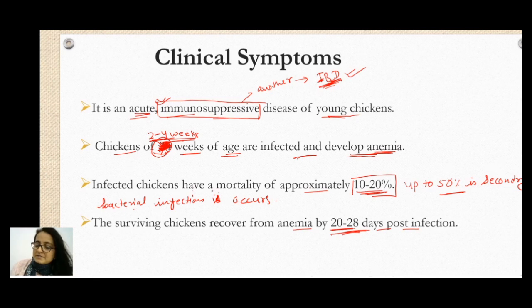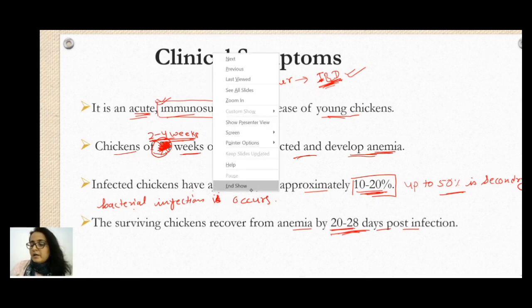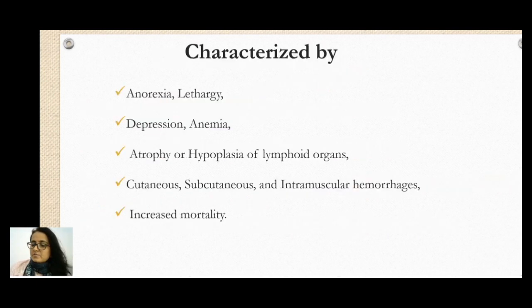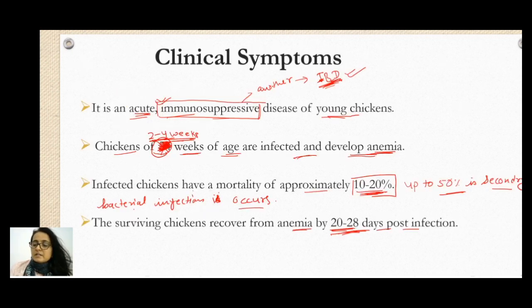Infected chickens have mortality of approximately 10 to 20%, and up to 50% if secondary bacterial infection occurs. The surviving chickens recover from anemia by 20 to 28 days post infection. These are the clinical symptoms.